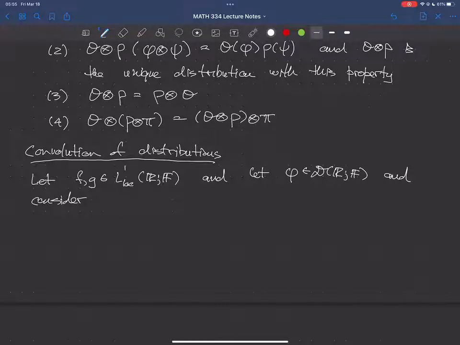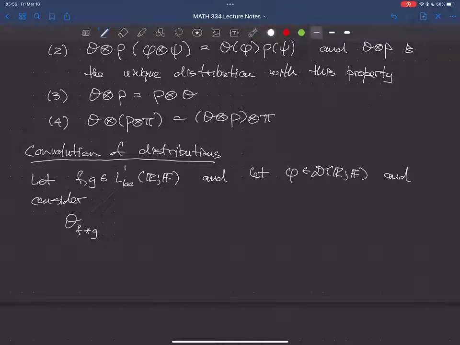Let's look at the convolution as a function. We're going to suppose that f, g is convolvable and just do a calculation here.